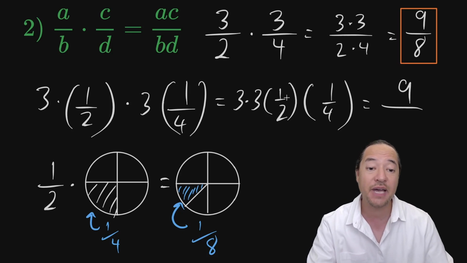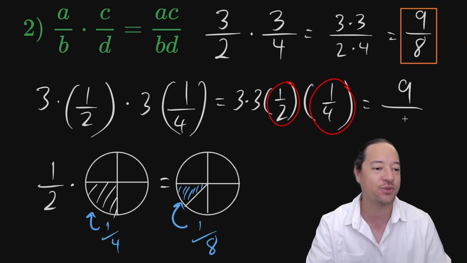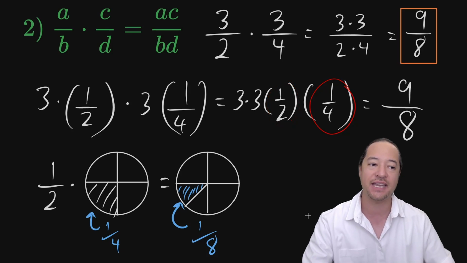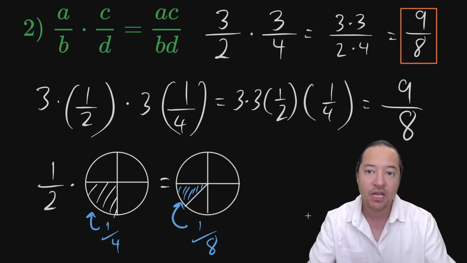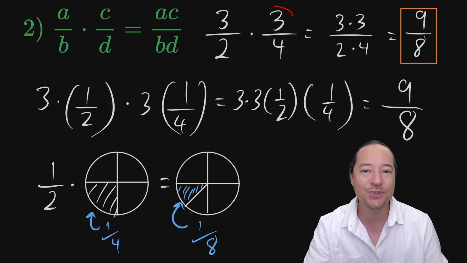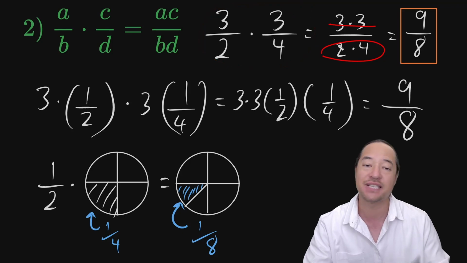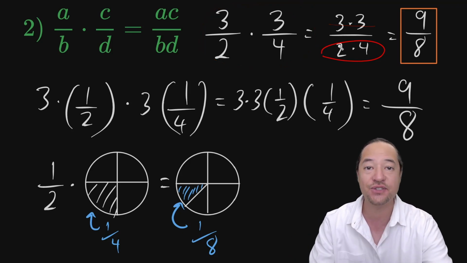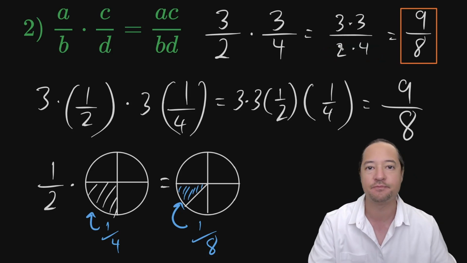So we can imagine that 1 half of 1/4 is actually an eighth. Okay, and so that's where we can get that from. We can imagine this graphically, or we can just use this rule number 2 and multiply the numerators and then multiply the denominators, and then we get our answer. So not too bad. Let's take a look at property number 3.